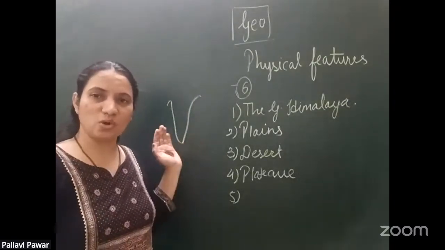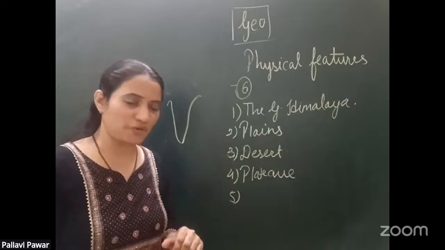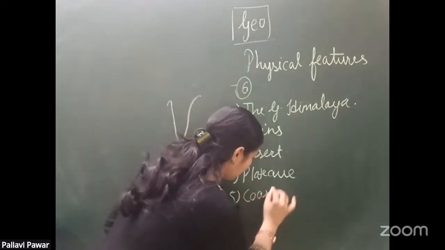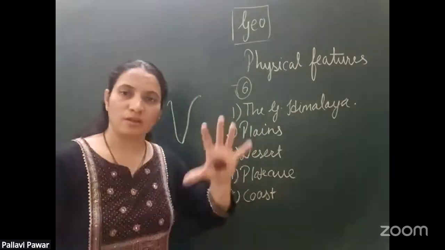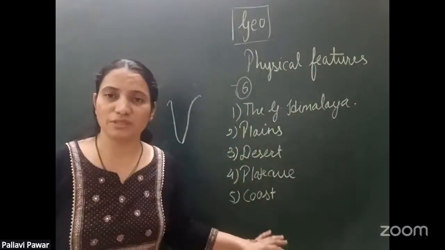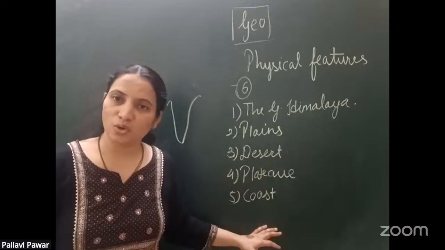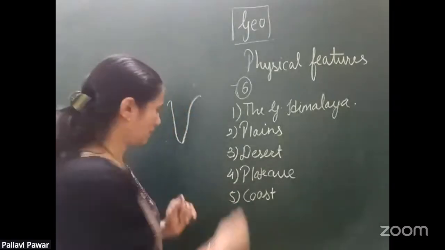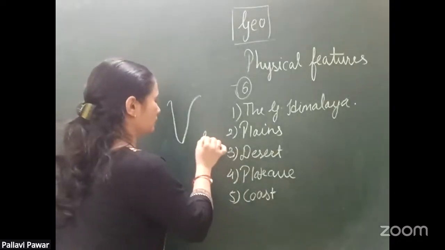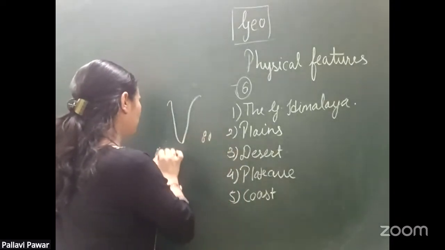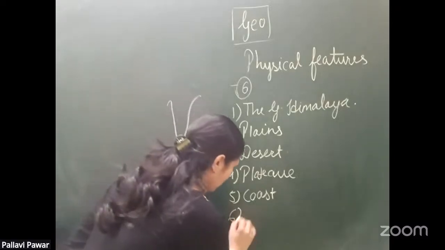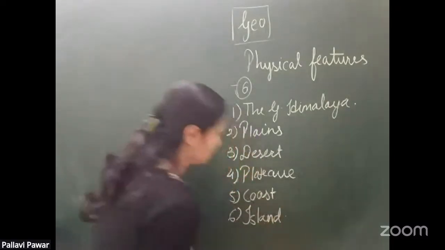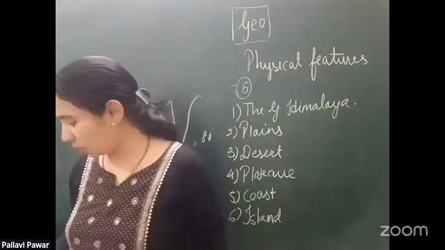So eastern coastal and western coastal. This is the next physical feature. This is the fifth physical feature, that is the coastal line. And the last physical feature is the island. Okay, island.